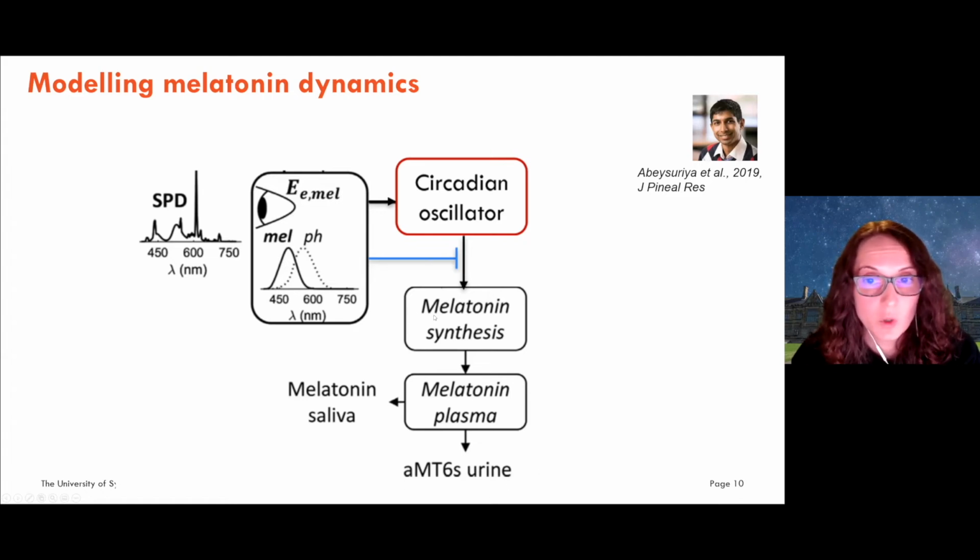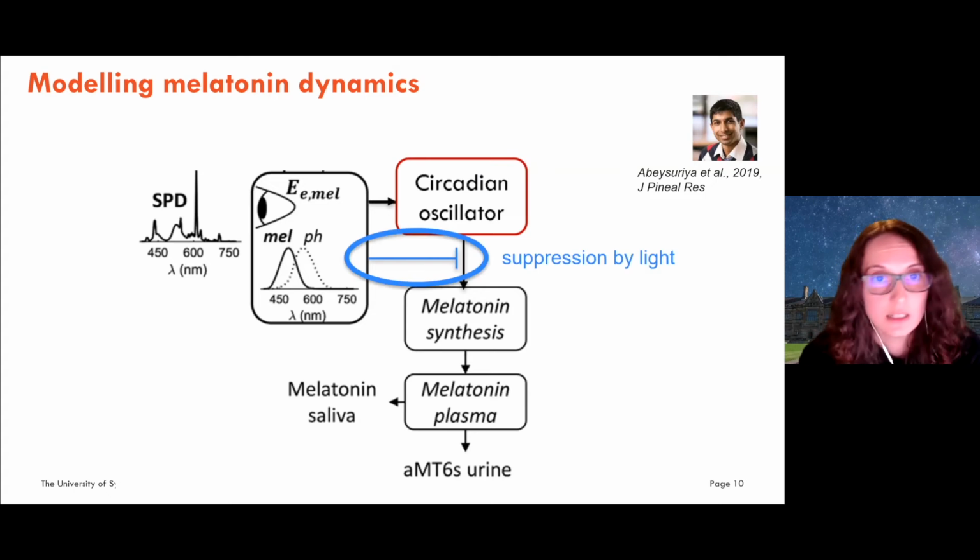So we have modeled daily profiles of melatonin and 6-sulfatoxy melatonin, and then we incorporated the suppression of melatonin directly from the light, into the link between the circadian oscillator and the melatonin synthesis in the pineal.